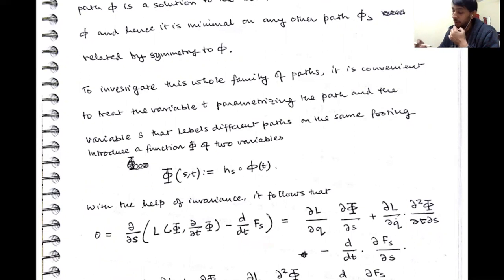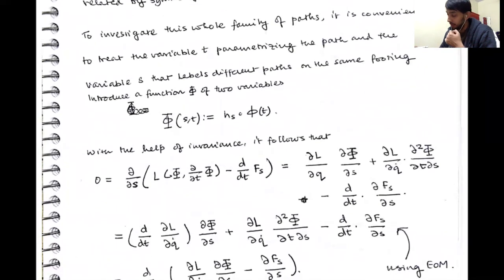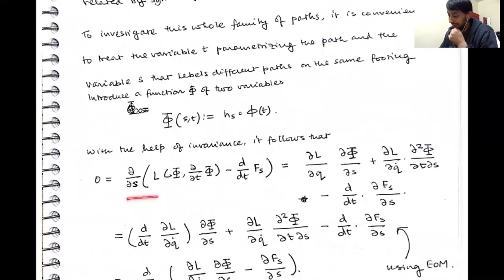So let's just do the math here. You just take this through, and what you find is this expression here. Now let's actually try to use the Euler-Lagrange equations. You can replace del L del q by d/dt of del L del q dot.